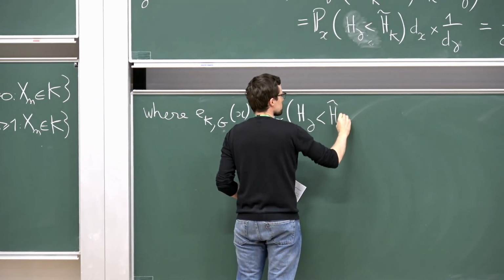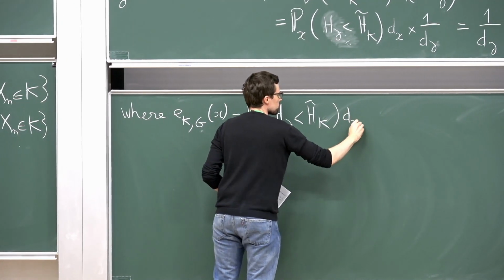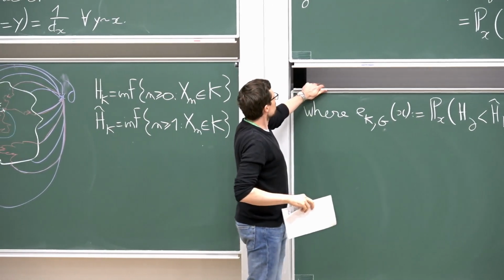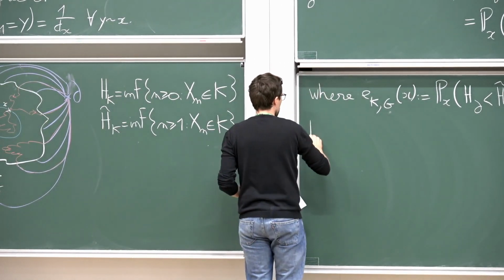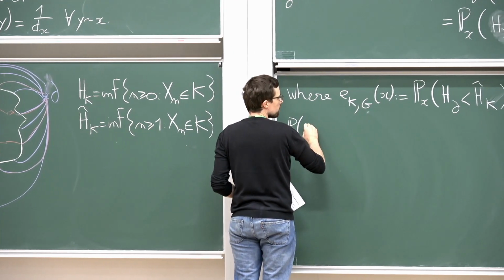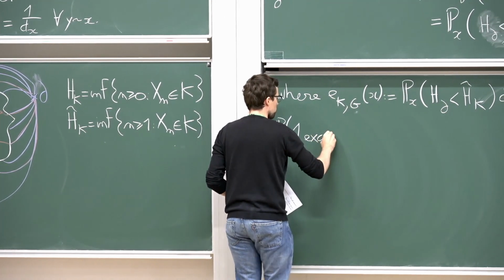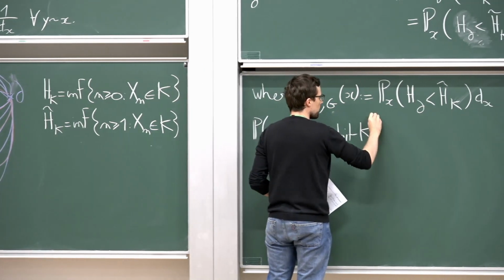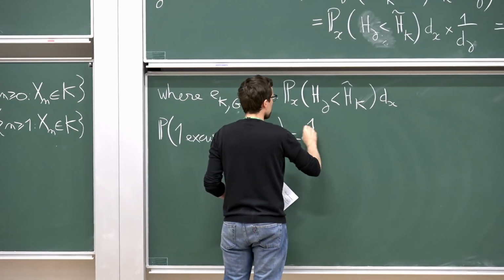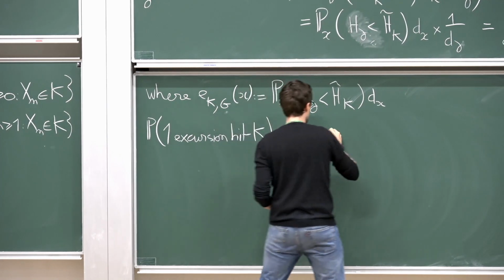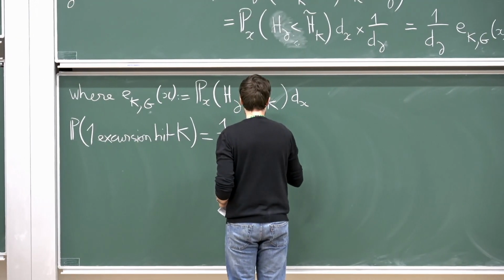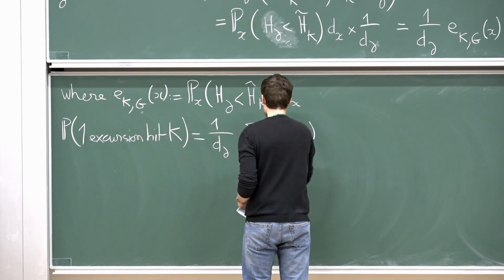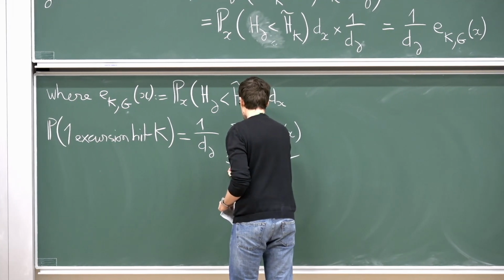And this is just a definition. And so, in particular, the probability that one excursion hits the set K anywhere is just the sum over x of the previous. So this is 1 over the degree of the boundary point times the sum of my equilibrium measure. And this sum of the equilibrium measure is the capacity. This is the definition.